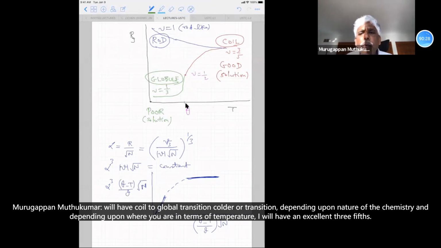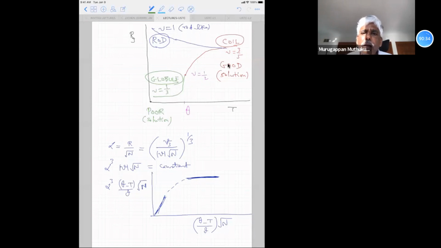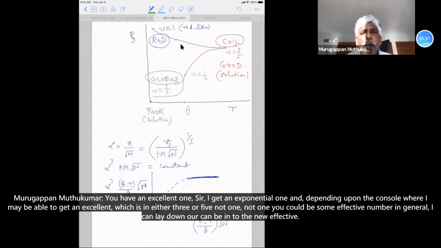And depending upon where you are in terms of temperature, I will have an exponent 3/5. You will have an exponent 1/3. I can have an exponent 1. And depending upon the crossover, I may get an exponent which is neither 3/5, nor 1/3, nor 1. It could be some effective number.